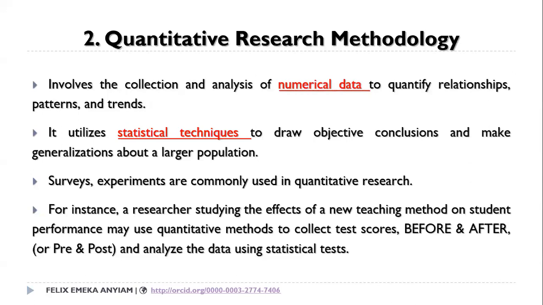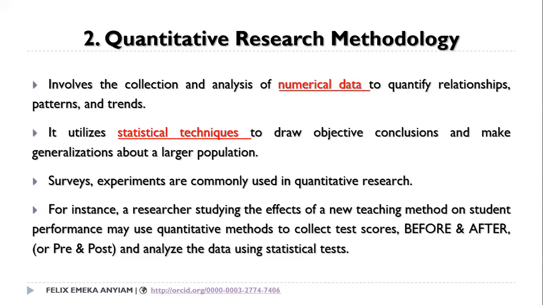So you're able to get the test scores before the new way of teaching. You're able to get the test score after the new way of teaching. With the test score of before and the test score of after, you'll be able to tell whether the new teaching is effective or not.